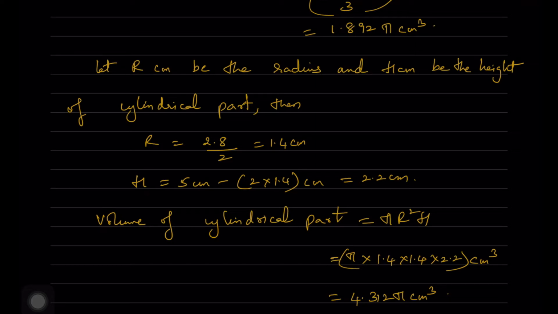So volume of cylindrical part is equal to pi r square h, which is equal to pi into 1.4 into 1.4 into 2.2 centimeter cube, because the whole height of the gulab jamun is given as 5 centimeters, I'm sorry. So you are removing the radius part of the hemispheres, which is included in the top and bottom.